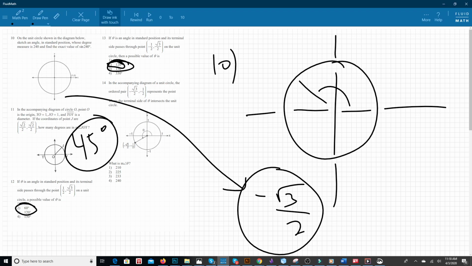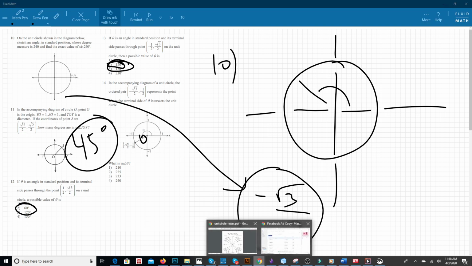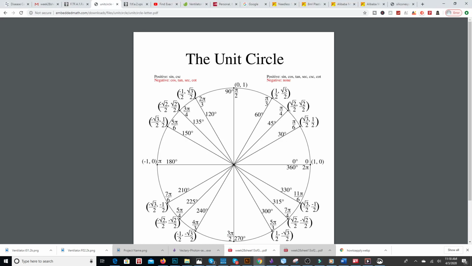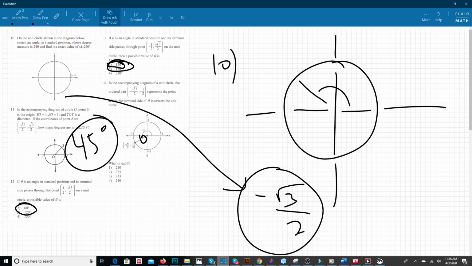So that's essentially 180 plus that little tidbit right there. Let's look up the chart. Negative radical 3 over 2, negative 1/2. So we're looking at 210 degrees. This is really easy.